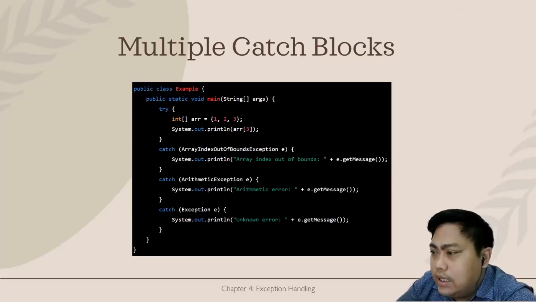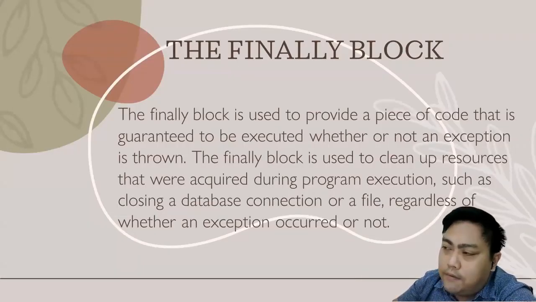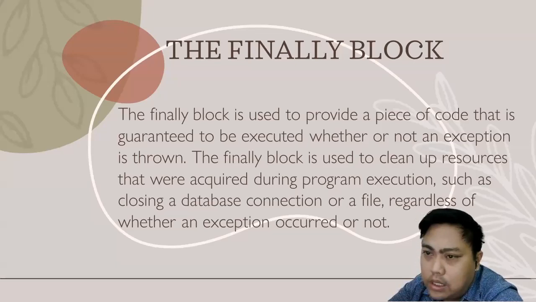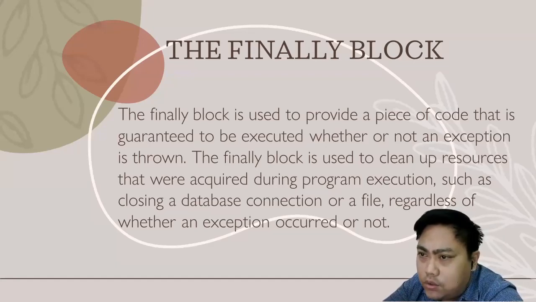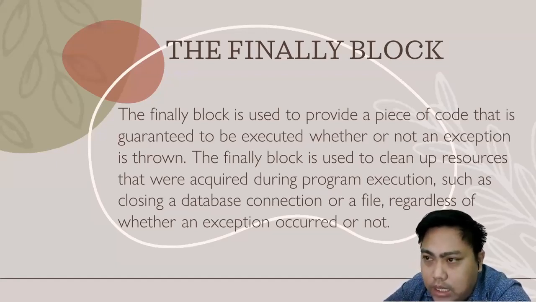Okay? Then for the finally block. How to use the finally block? First, what is the finally block? The finally block is used to provide a piece of code that is guaranteed to be executed whether or not an exception is thrown.